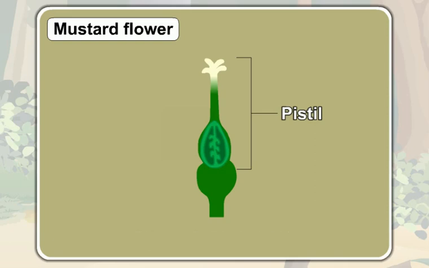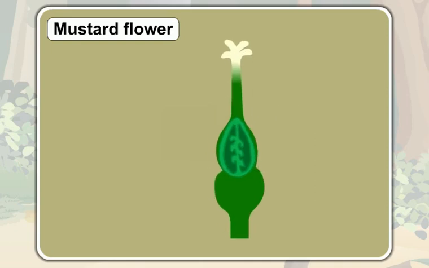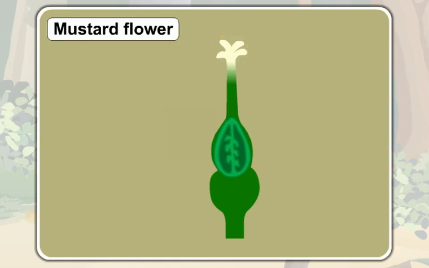Now, let us observe the pistil carefully. The topmost part of the pistil has a knob-like structure. It is the stigma.